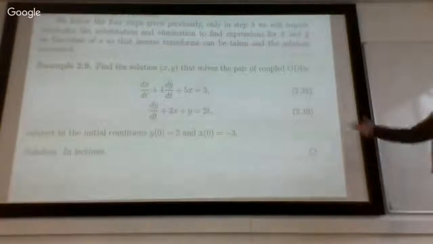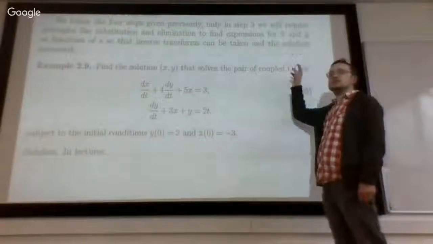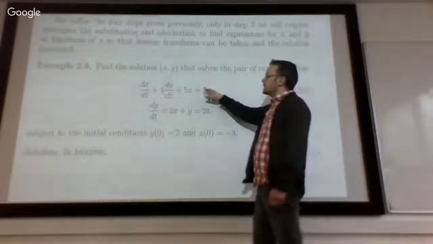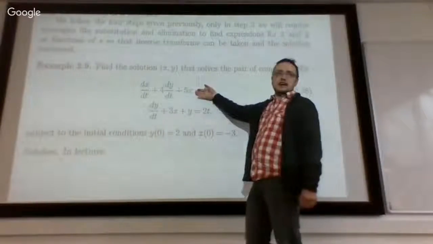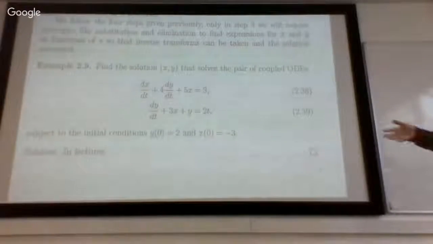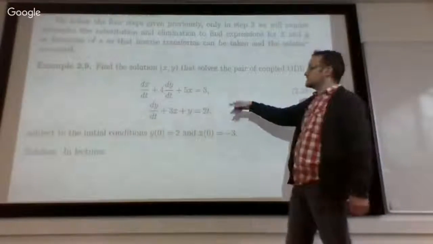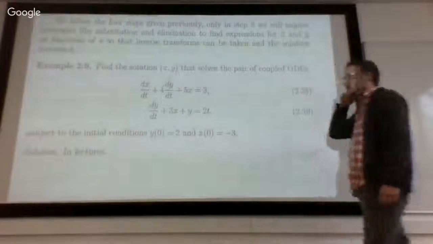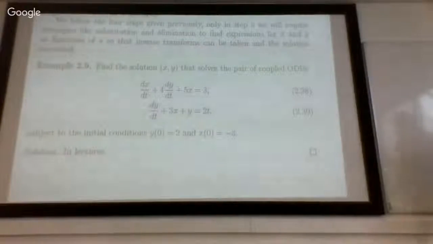Sometimes these are called coupled ODEs. It's not like you've got one ODE for the x variable and one ODE for the y function. Both of the unknown functions x and y appear in both of the equations. So the 2 equations are coupled together, because they both feature these unknown functions.